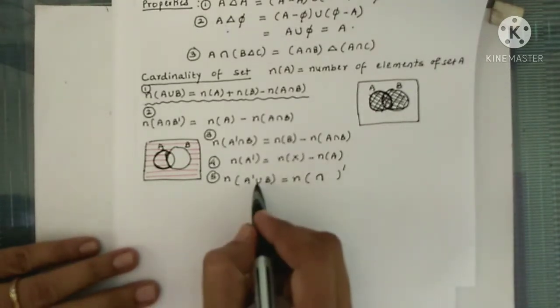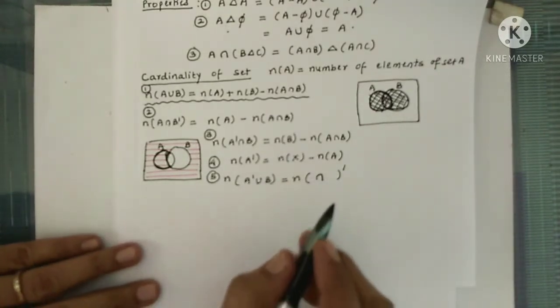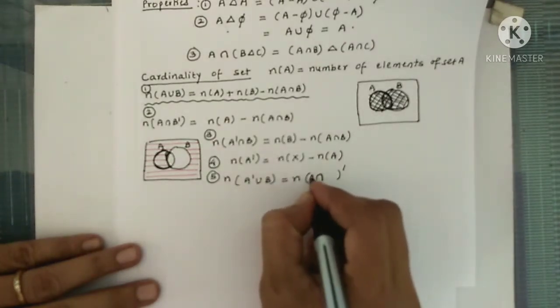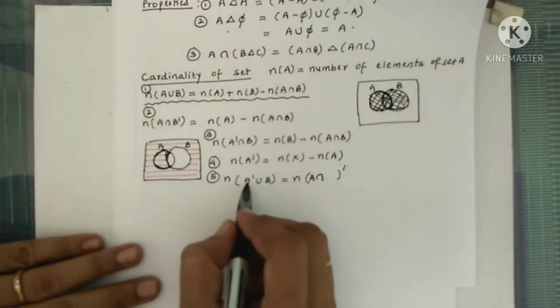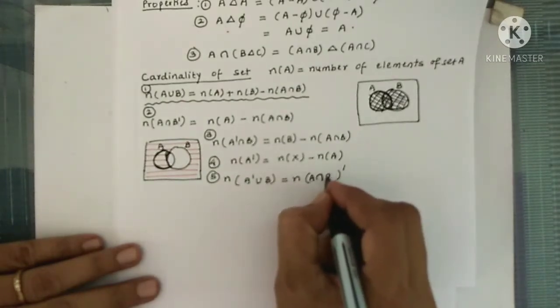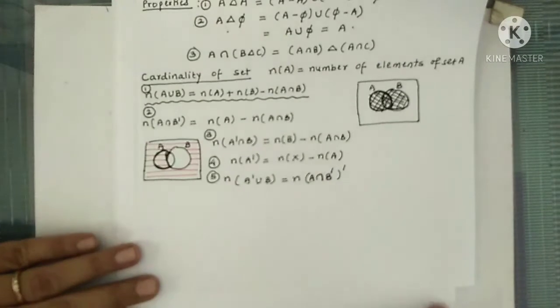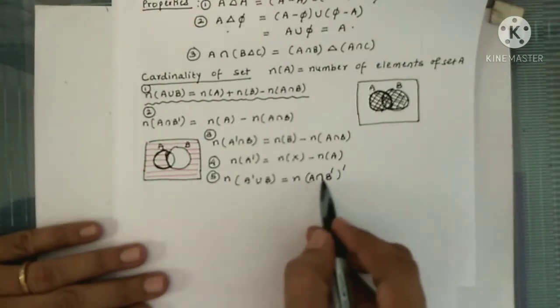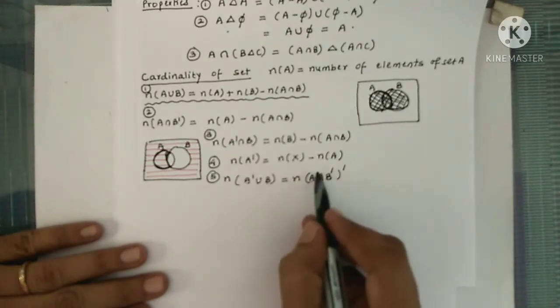Here I have union, so I write intersection, and write the complement of both the sets. The complement of a complement is that set itself. So the complement of A' is A and the complement of B is B'. So it is n(A intersection B')'. You can verify this using De Morgan's law. See, it becomes A', this becomes B, and this is union.